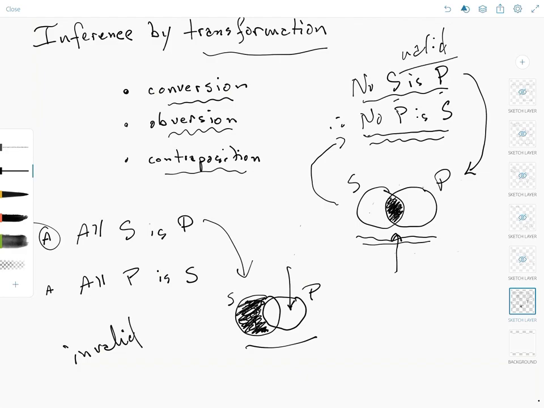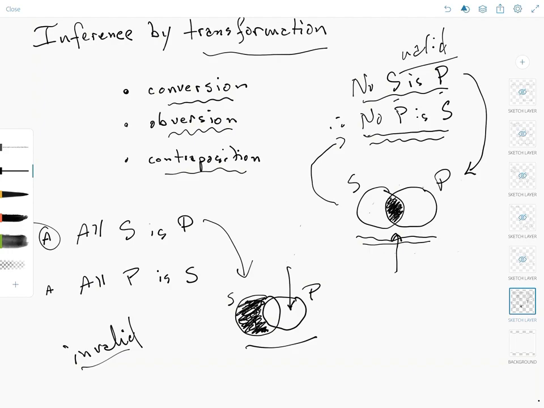Okay? So you see the difference? In a valid situation, the truth of the premise requires the conclusion to be true. Or the way we normally put it is, if the premise were true, the conclusion cannot be false. That's valid. In a situation like this, however, if the premise were true, the conclusion might still be false.